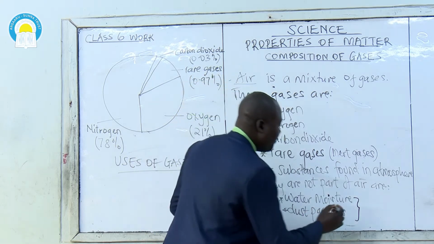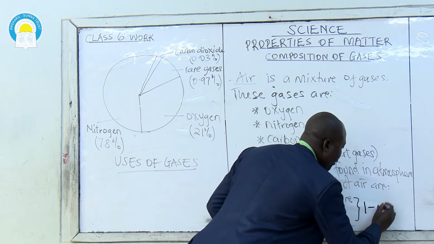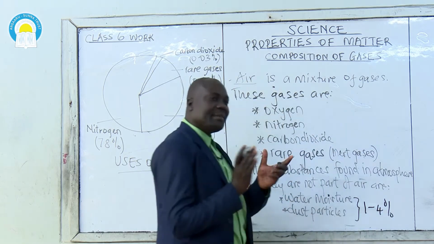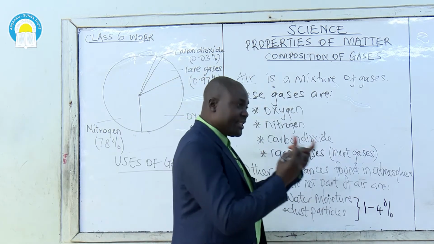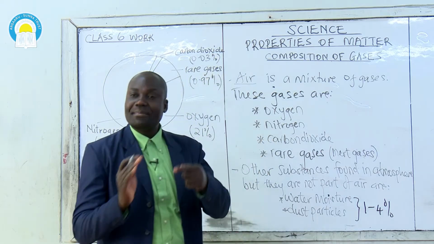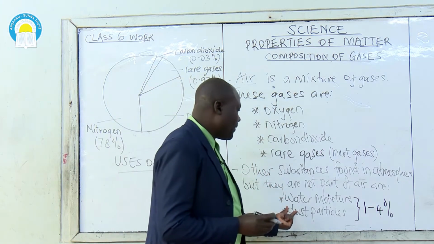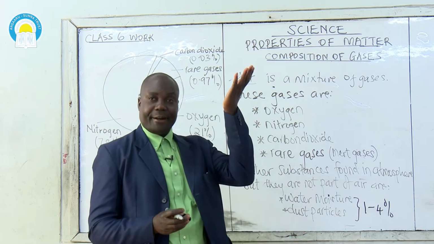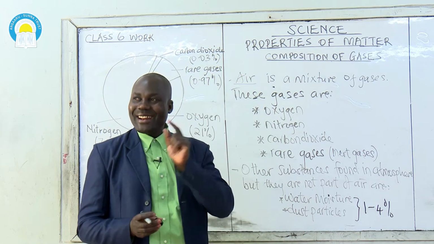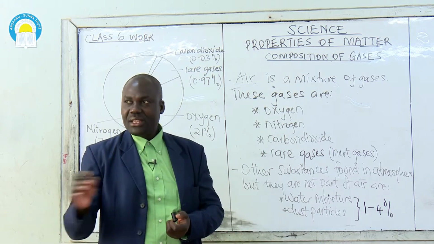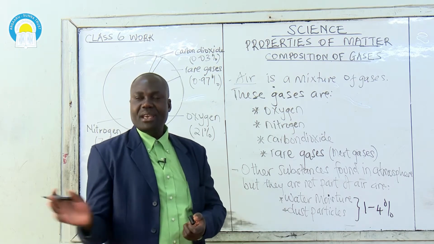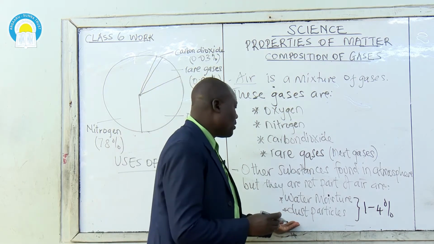They vary from 1 to 4%. It depends on which time of the day and which place. Because if you go to a very cold place, the water vapor or moisture will be higher. If you go to a dry place that is dusty, where a lot of soil is being blown by wind, then you are going to have a lot of what?